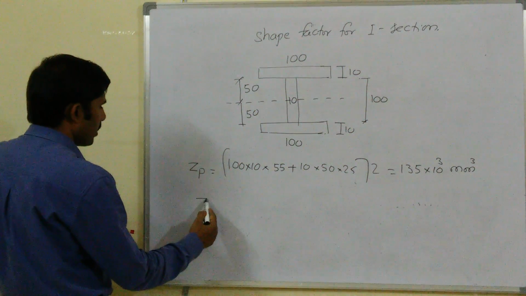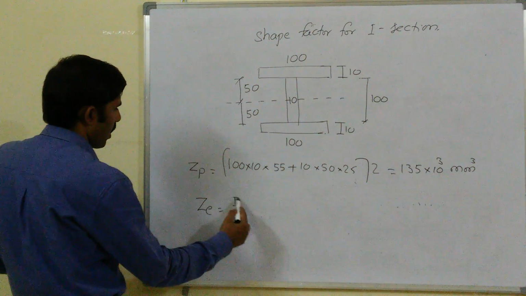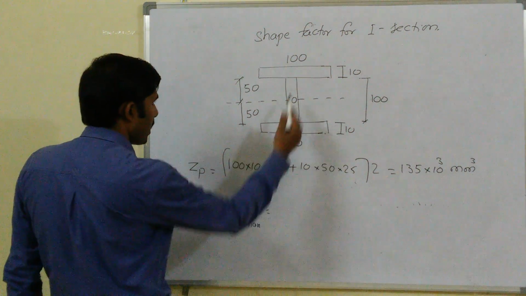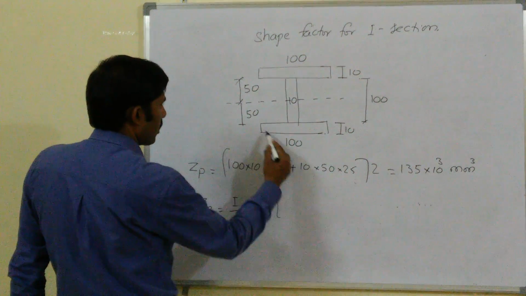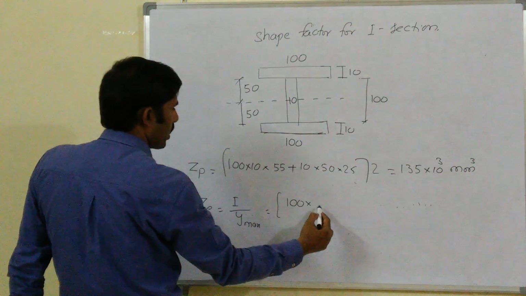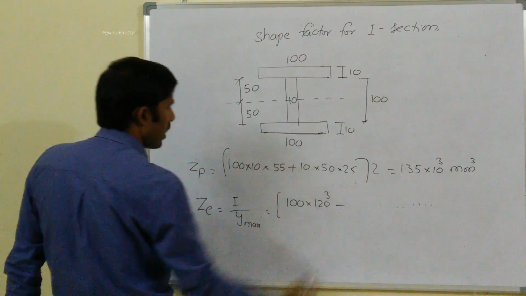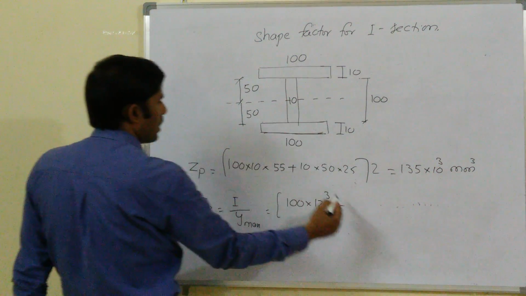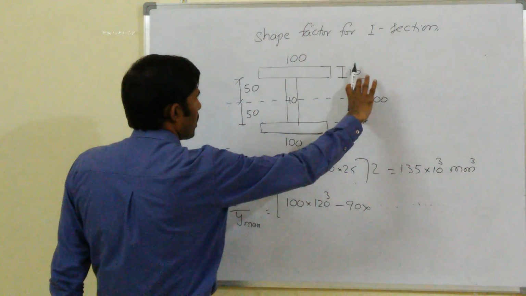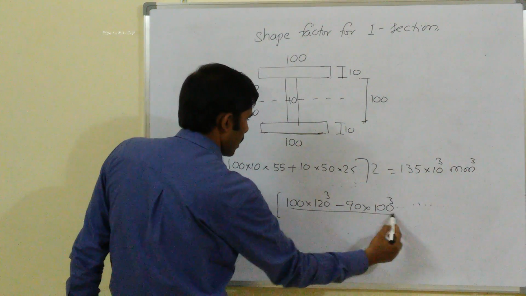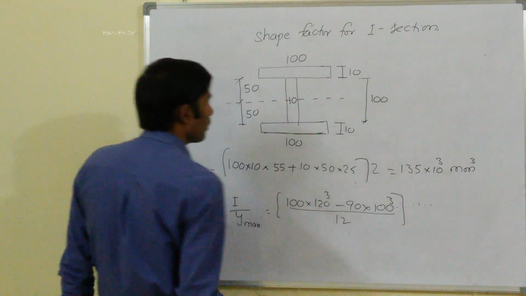What is ZE? I by Y max. I is nothing but the total width 100 into total depth 120 cube, minus this width 90 into this depth 100 cube, divided by 12. This is the moment of inertia.